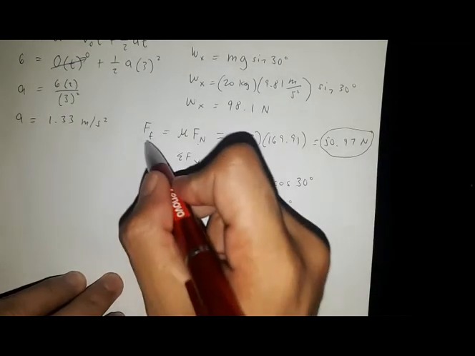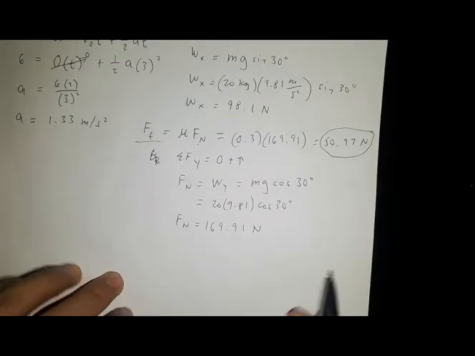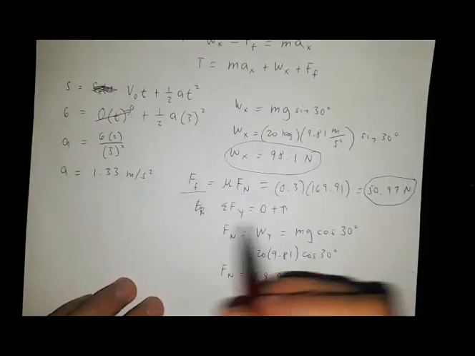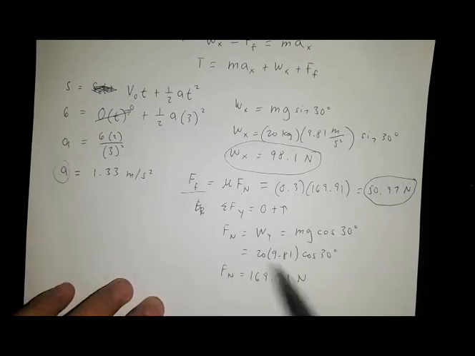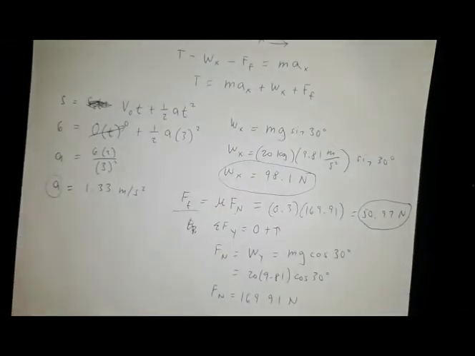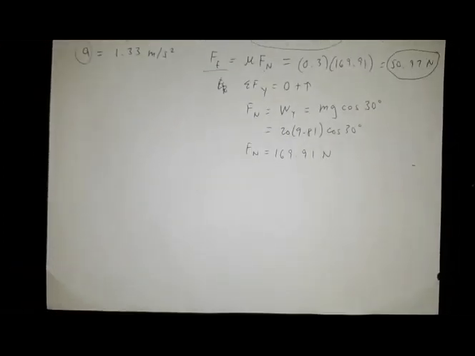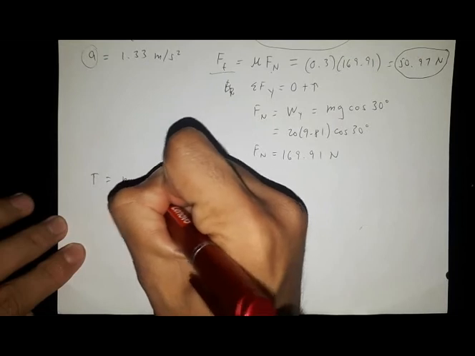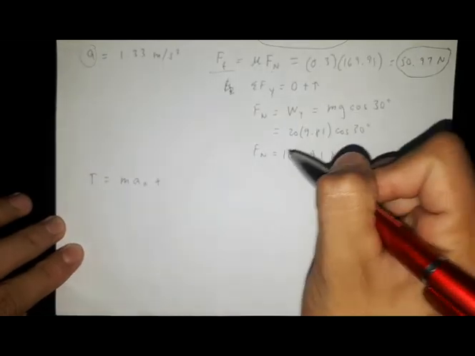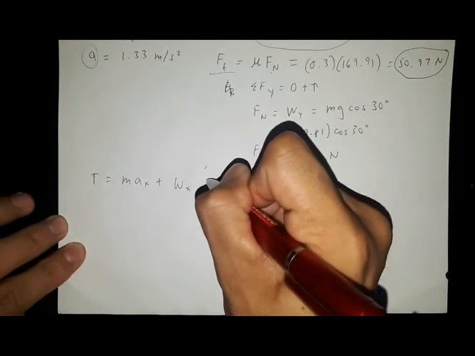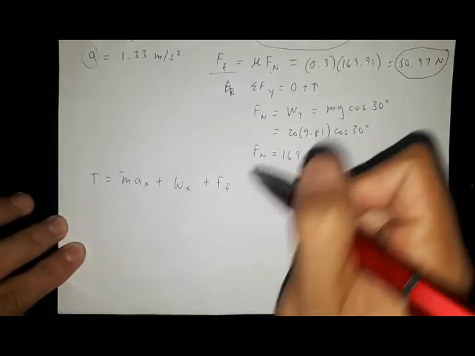So we have the three values. We have the frictional force, we have Wx, we have the acceleration. So we can now solve for T. By substitution, T equals m ax plus Wx plus the frictional force.